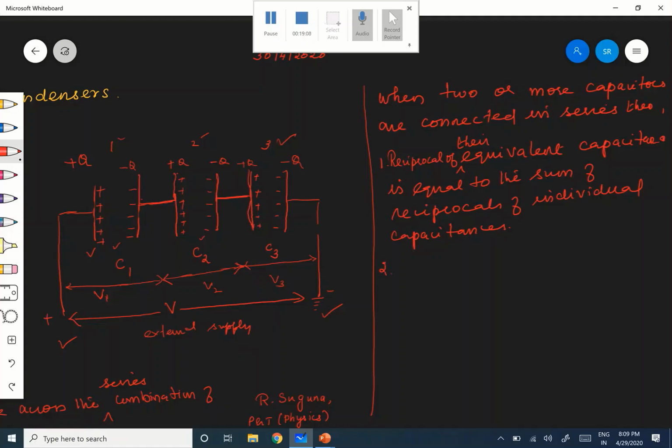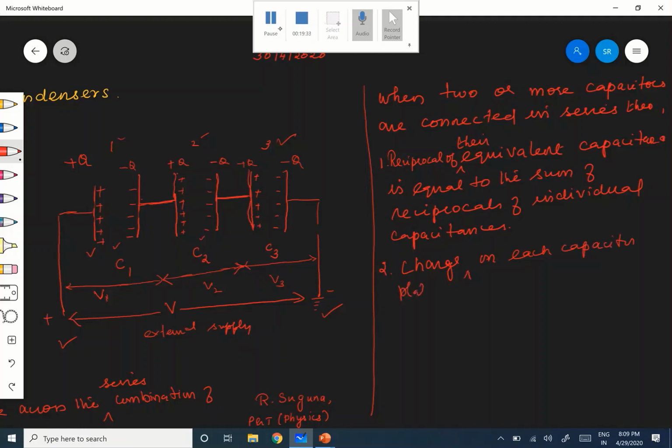Right. Then, charge stored on each capacitor is the same, correct? When they are connected in series, the charge on each capacitor plate should be the same, na?